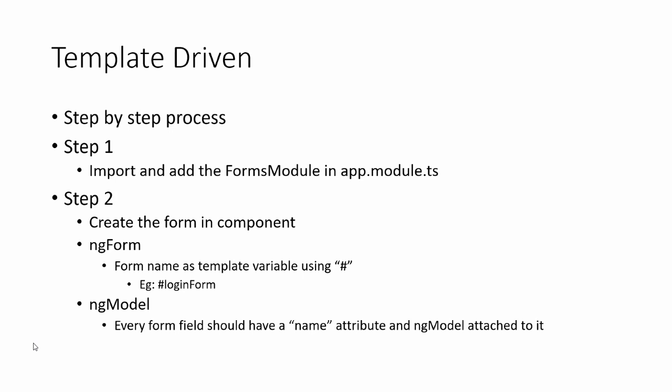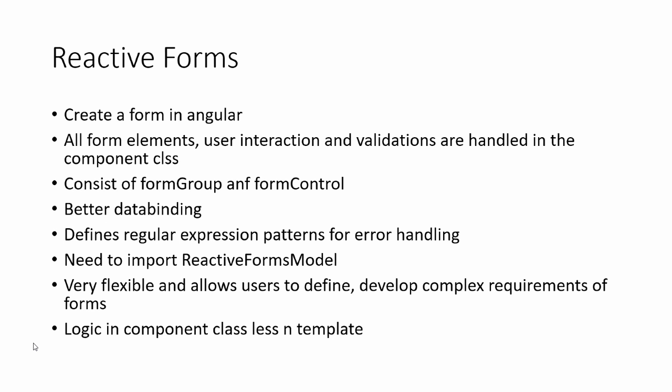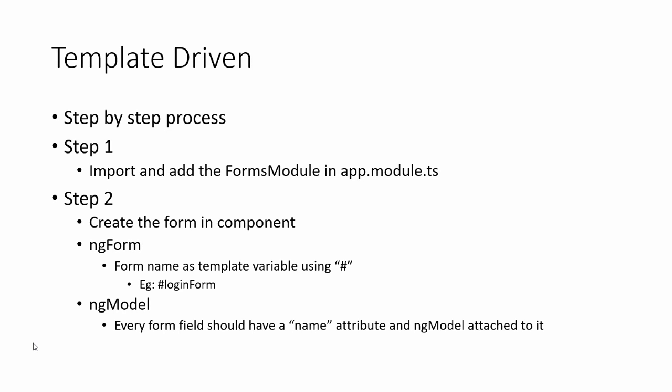Then once you finish that, you are supposed to use a form name as a template variable. So for the form, you need to give some name, and that will be treated as a template variable. That template variable will be prefixed with hash.